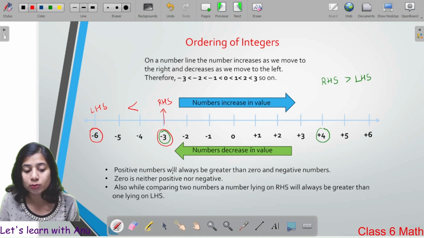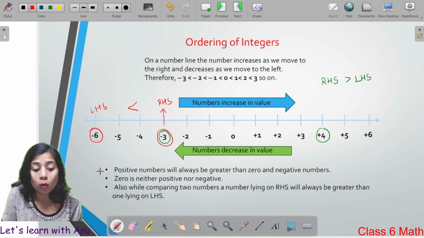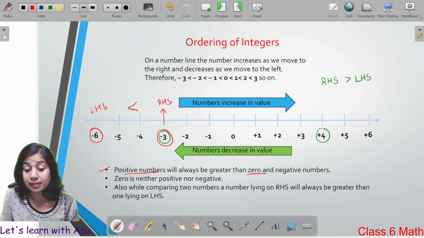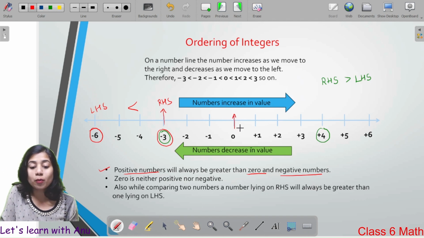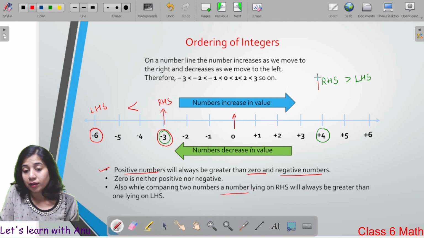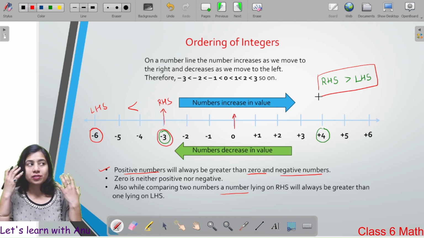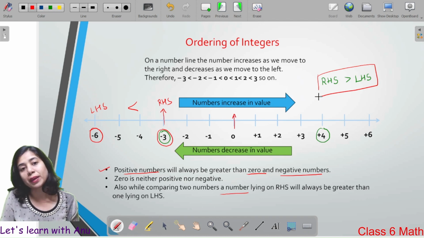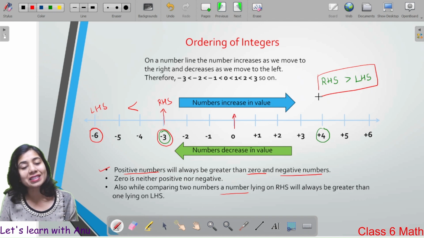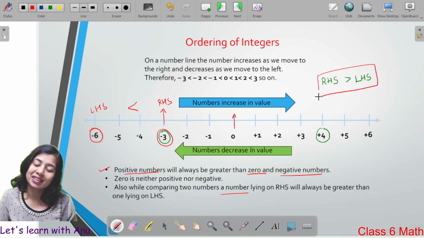Please note it down as well, that positive numbers will always be greater than 0 and negative numbers. 0 is neither positive nor negative. Also, this I have already explained, that if we have to compare which one is greater and which one is smaller, always just imagine, or you can draw it on paper, the number lying on the right-hand side will always be greater than the left-hand side.